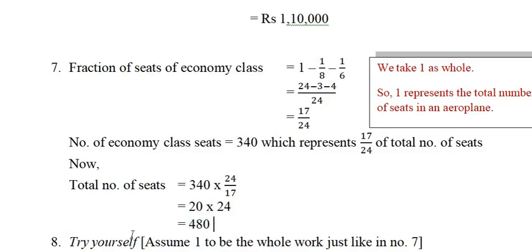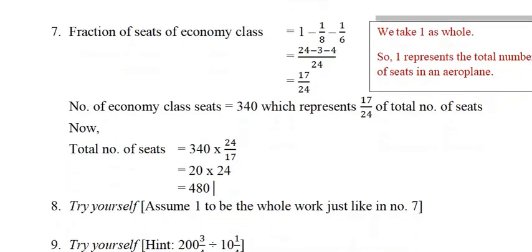Now you can try questions number 8, 9 and 10. In question number 8 you just have to apply the same technique or method that you applied in question number 7. In question number 9 you just have to divide 200 whole number 3 by 4 by 10 1 by 4.